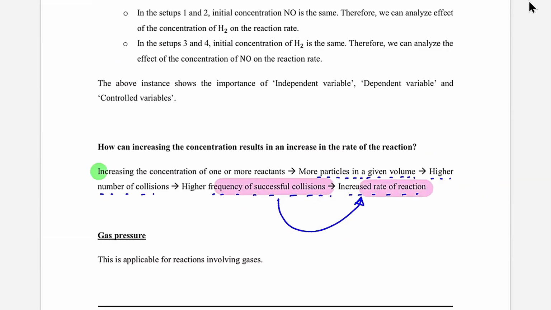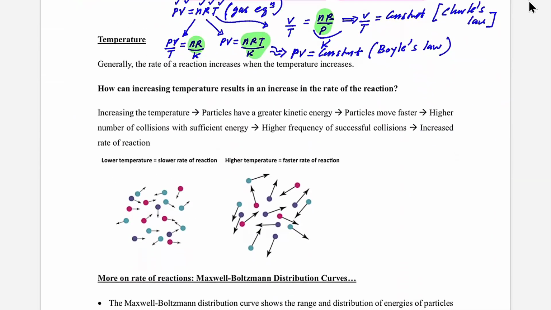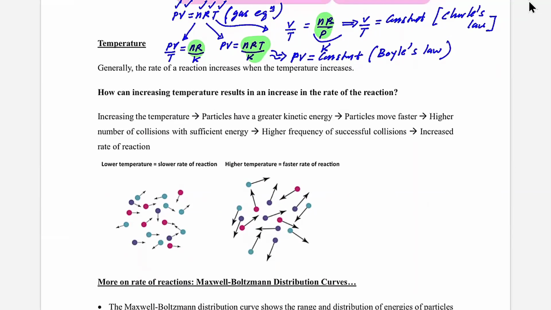Whatever the theory, whatever the logic you are building here, ultimately should lead to successful collisions. Yeah, correct. Temperature. Now again, if you look at the pattern, the increase in the rate of reaction here is due to the number of successful collisions.